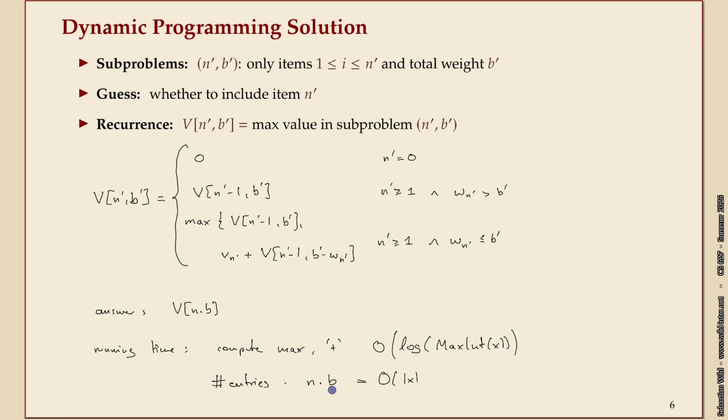But for this number B, the capacity of my knapsack, I can just write down as a binary number. So this will be another factor. And here it's just max int. That's the best we can say in general. So in particular, this is the pseudo-polynomial part, that we have to fill this table for all possible capacities between 0 and B.